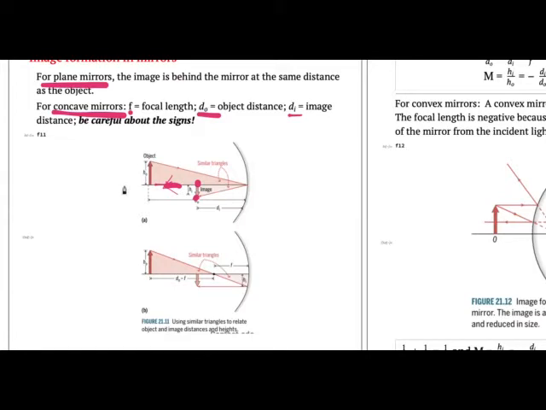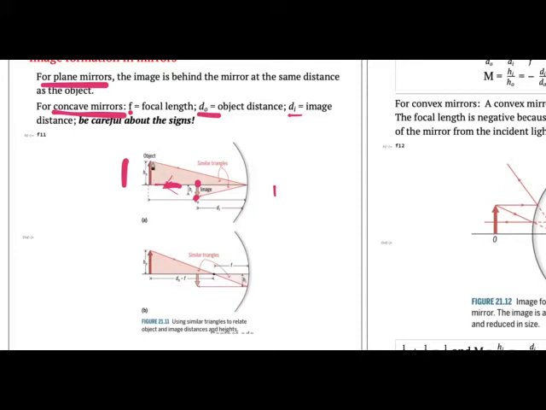Now we also define HO, for object, the height of the object, and we define HI, the height of the image. So you see we have four lengths here: DO, DI, HO, HI. And we have a fifth length, that's the focal length.